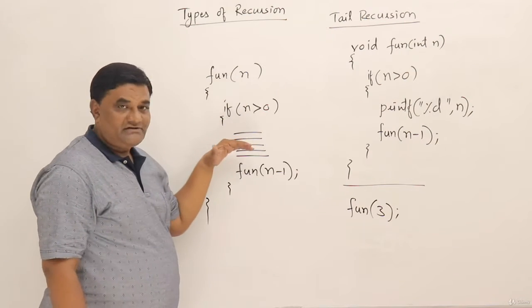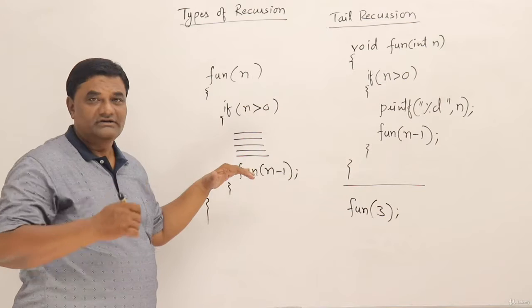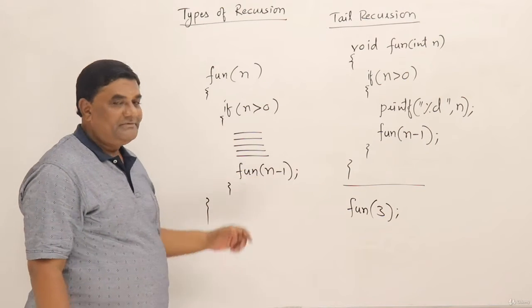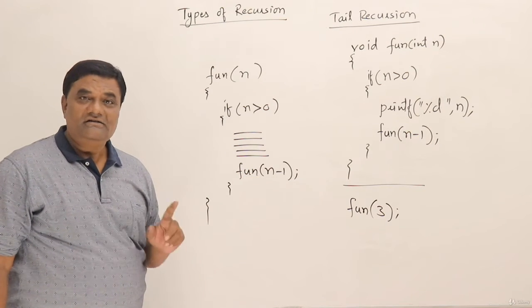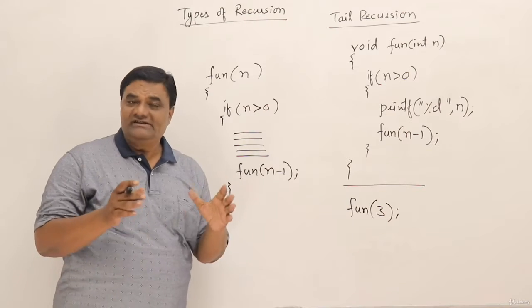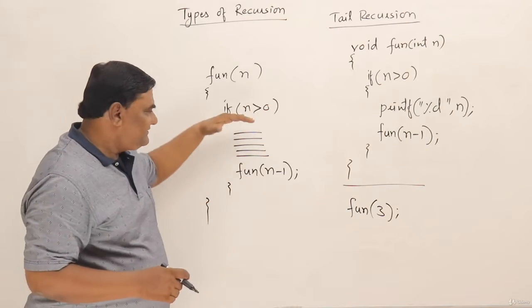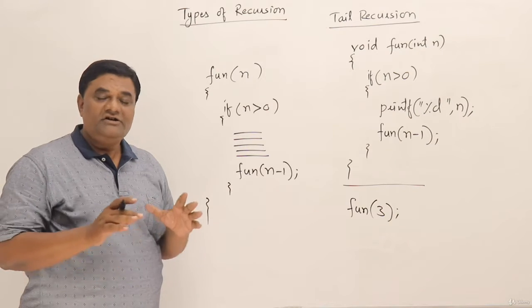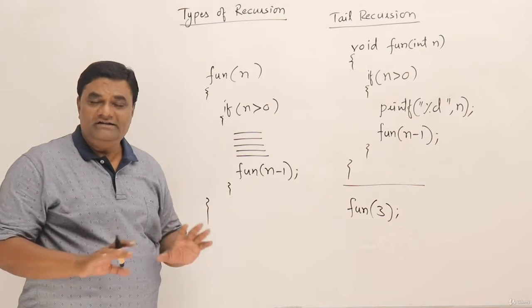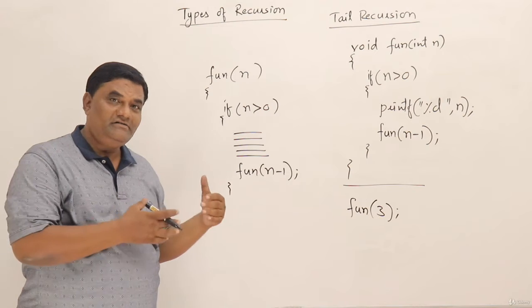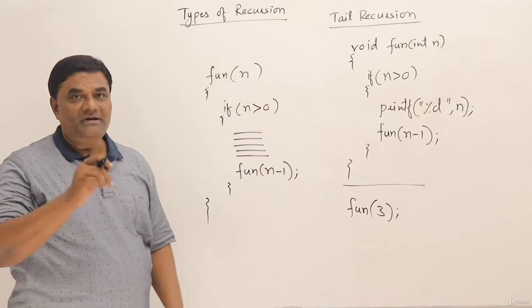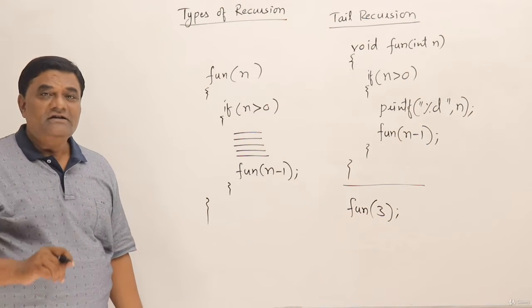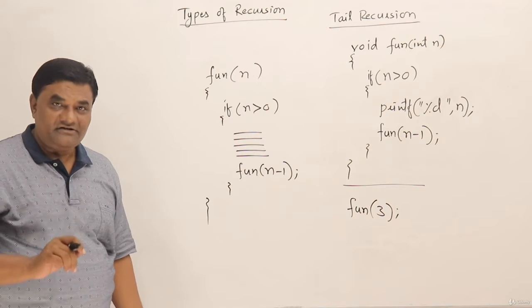All those things it has finished, then it makes a call to itself. So if it's the last statement, then it is called tail recursion. This means that all these operations will be performed at calling time only, and the function will not perform any operation at returning time. Everything is performed at calling time only. So that's why it is tail recursion.